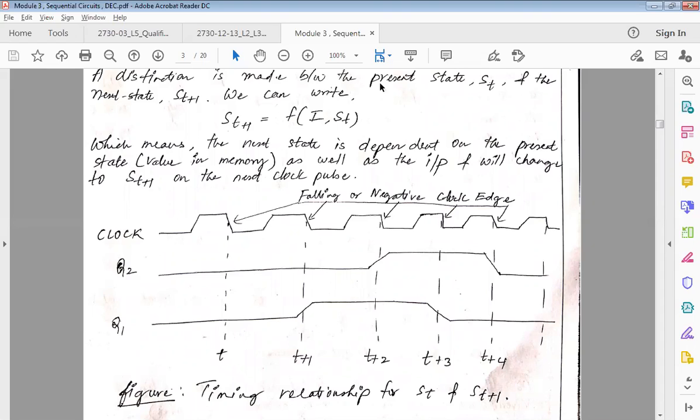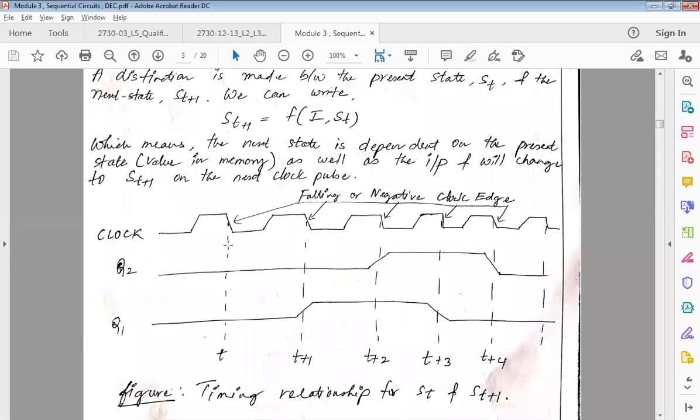Here the present data is the present state, and St plus 1 is the next state, what is going to happen in the future. Input will change to St plus 1 on the next clock pulse. So before I press the clock pulse, I'm going to predict what my next state will be.